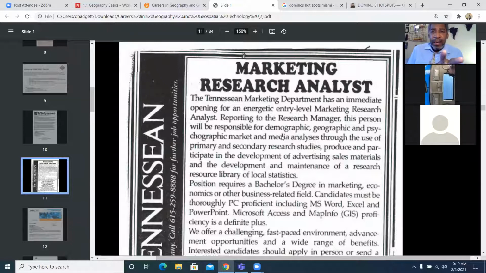So let's say a research marketing analyst working for Designer Shoe Warehouse, they would get a map of, say, Nashville, and they would look for market areas that have their most likely consumer base. And not only the most likely consumer base, but they can even break it down to specific segments of the population.